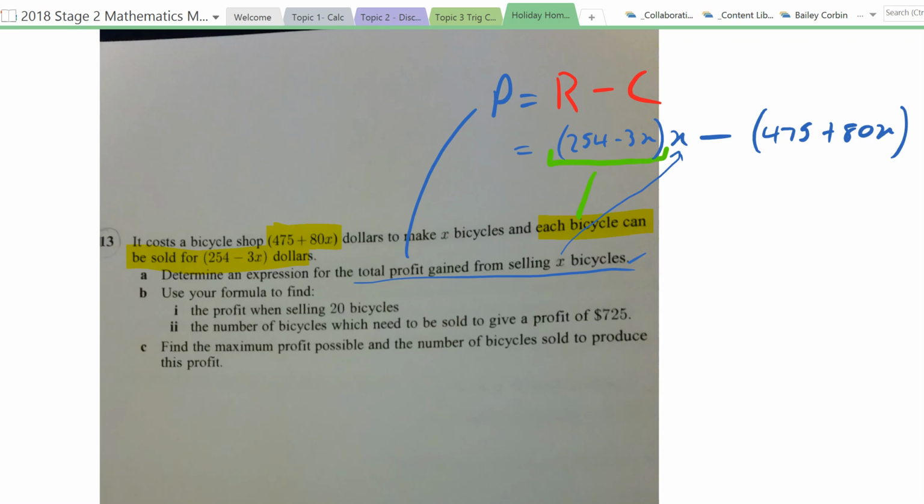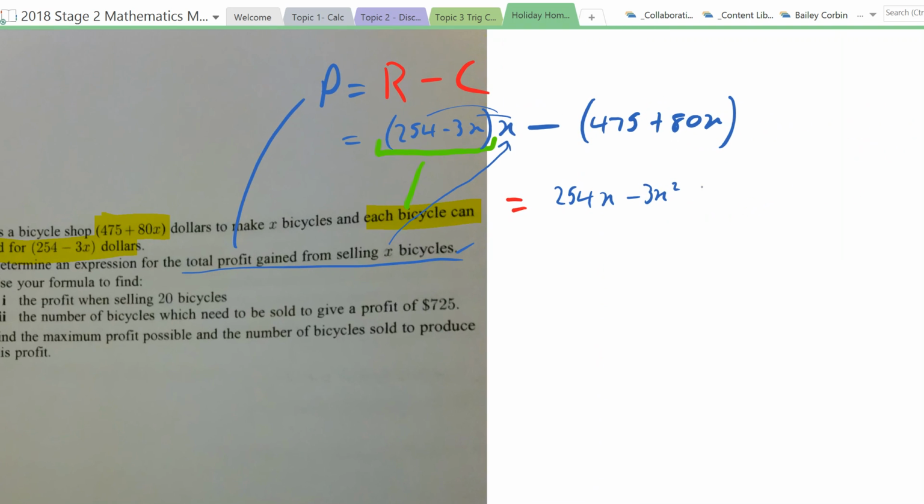However, because it's not yet fully simplified, we should simplify it further. We expand and simplify, removing both of those brackets. That's 254x take 3x squared take 475 take 80x.